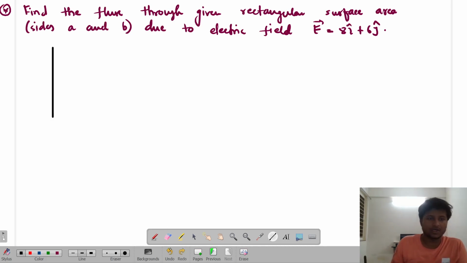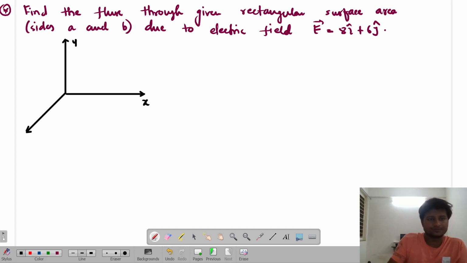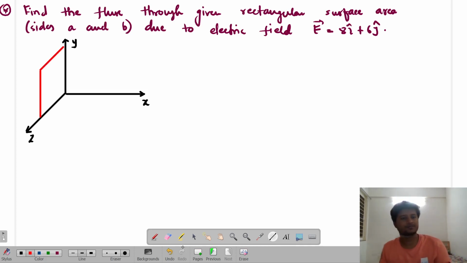The area is drawn like this. You have XYZ axes and the area is present in the YZ plane.